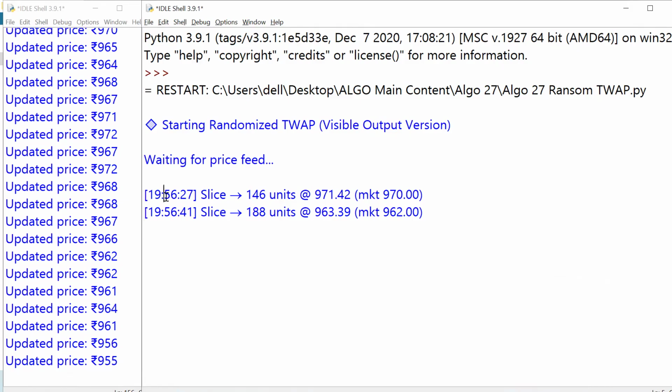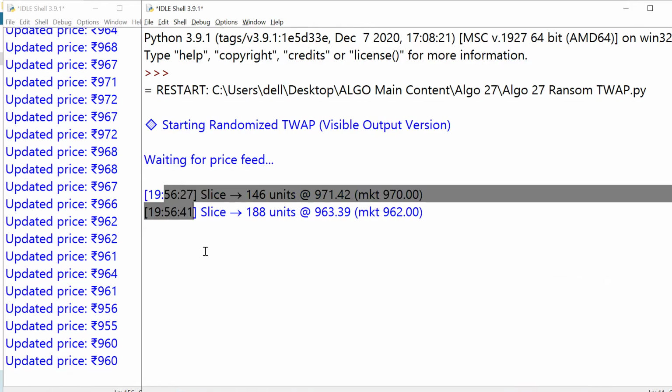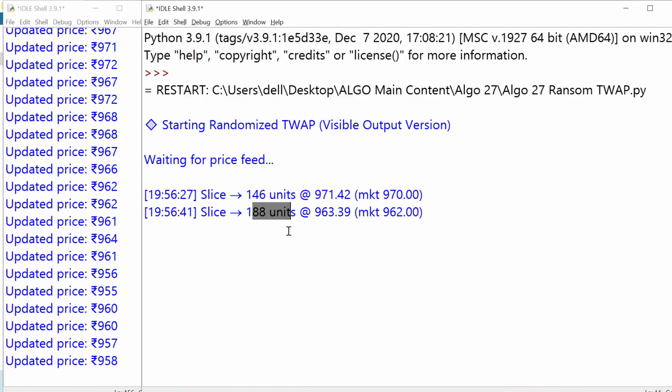The time difference was almost 12 seconds, but the number of units, you can check, also changes. The time also changes. The number of units also changes. So it's the best randomized approach. It is very difficult for other people to detect it. That's a specialty.